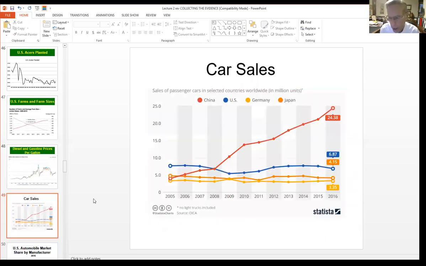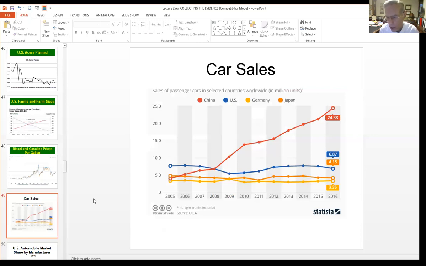Here's a chart that amplifies what I said earlier about China. These lines represent the number of cars purchased in China, the US, Germany, and Japan.